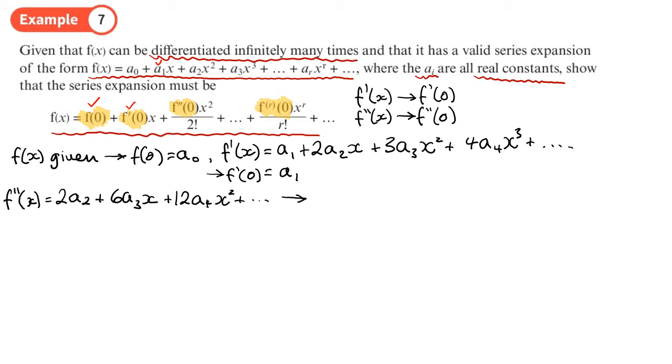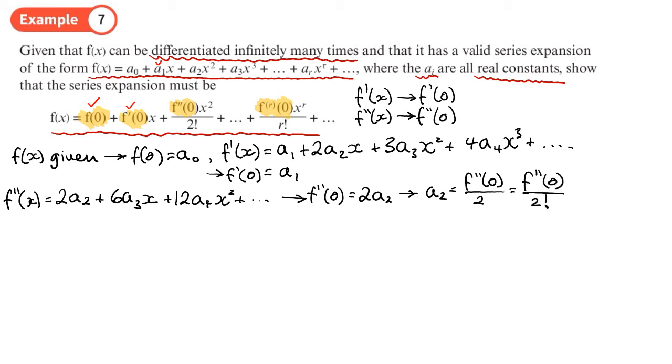So we'll work out f double dash of 0. f double dash of 0 is going to be 2a2. So what does that mean? That means that a2 is equal to f double dash of 0 over 2. That's the same as saying f double dash of 0 over 2 factorial.